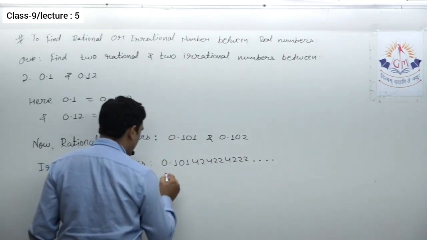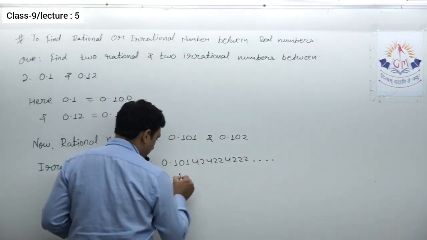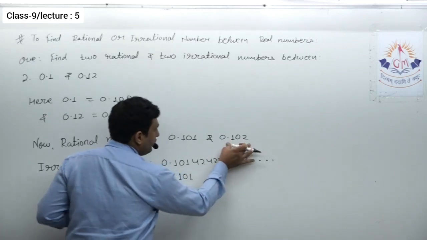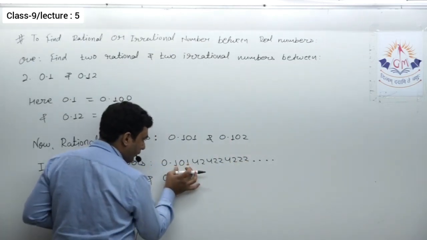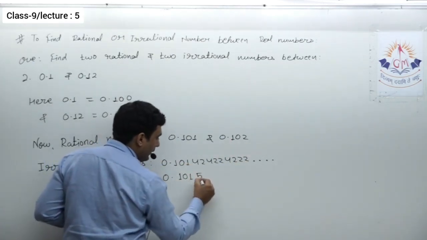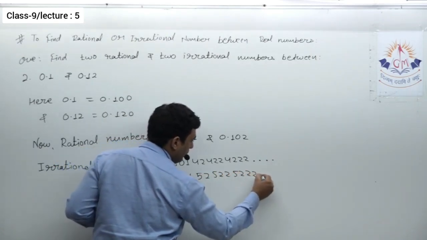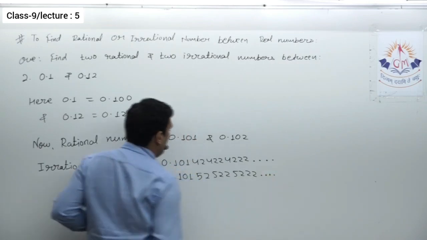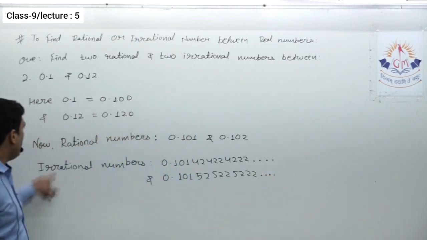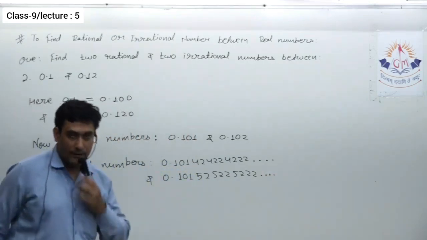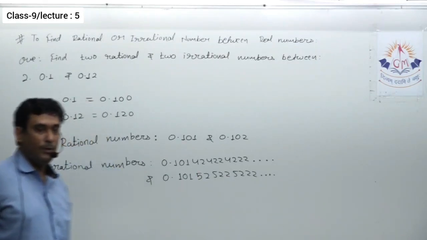And the second number you can write 0. Even though I can use this one only, if you want to use this, that is okay. If you want to take this as it is, then here you can write 52, 522, 5222, and so on. Okay, so these are two irrational numbers between 0.1 and 0.12. So please note it down.